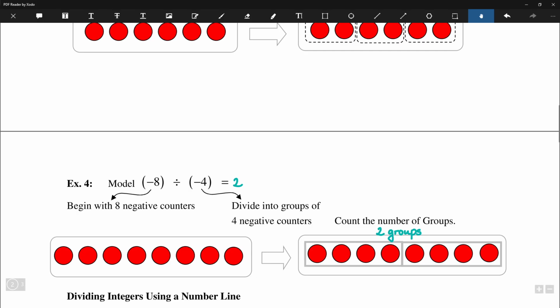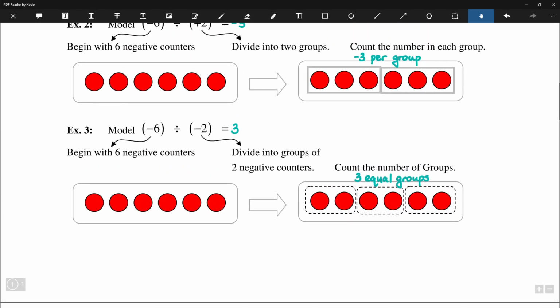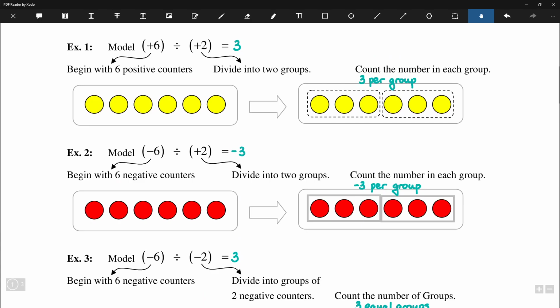So looking back, when we are dividing by positive integers in examples 1 and 2, we are dividing into that many groups. So positive 6 divided by positive 2 in example 1, we make groups of 3. So that's why the answer is 3.